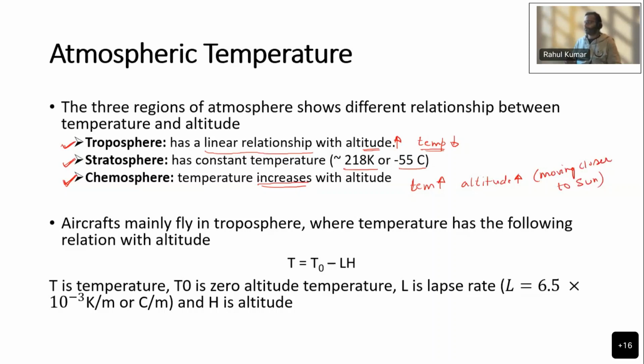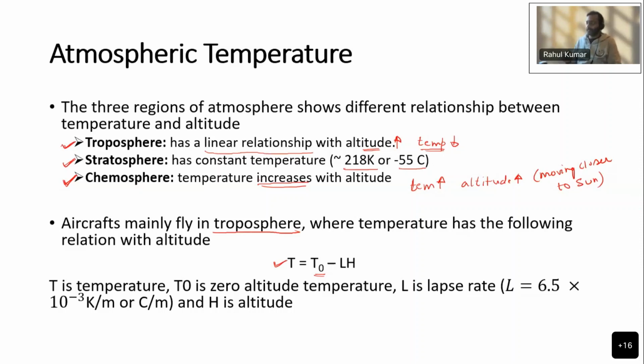Now aircraft mainly fly in the troposphere, so the temperature will decrease as the altitude of the aircraft increases. So this is related by the equation here. Now T is the temperature, T0 is the zero altitude temperature, or the temperature at sea level.